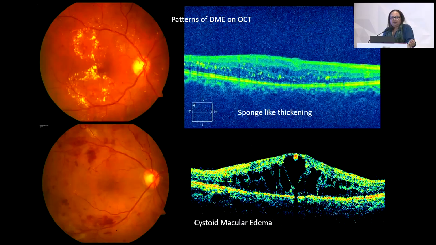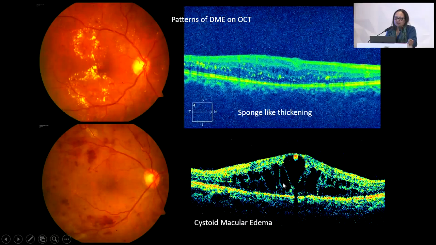There has been a lot of discussion about the patterns that you see on OCT. We do not have really strong evidence on how you manage them, but in practice, all of us do look at the pattern. This is the mildest form, the sponge-like thickness.